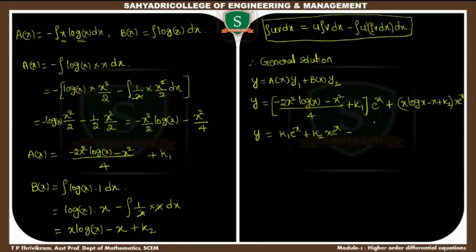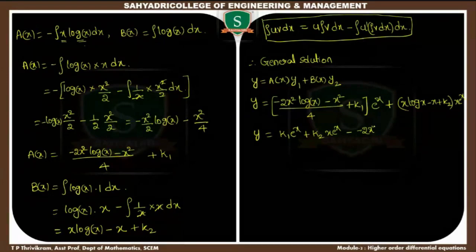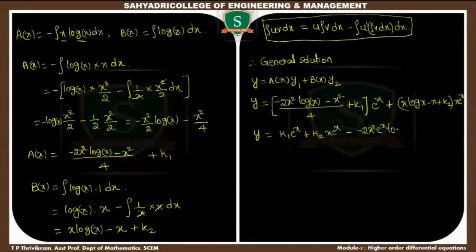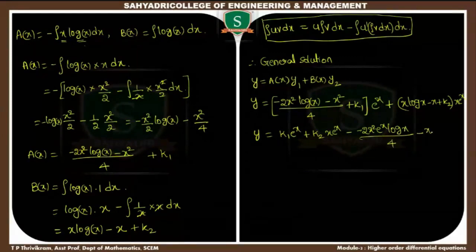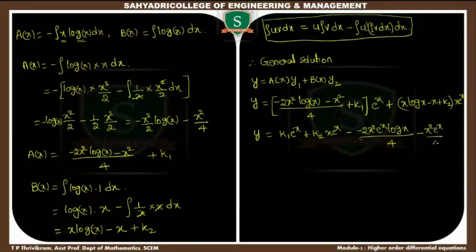Let us see what happens. Minus 2 x square e power x log x divided by 4 minus x square e power x divided by 4. Okay. Next plus x square e power x log x, minus x square e power x. Okay.